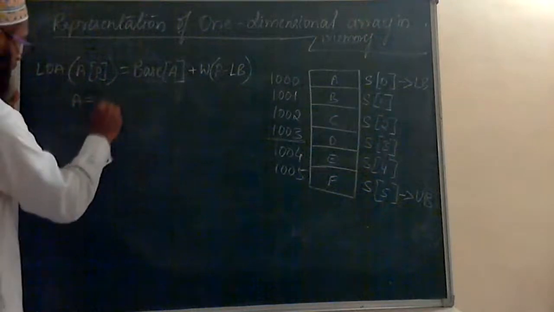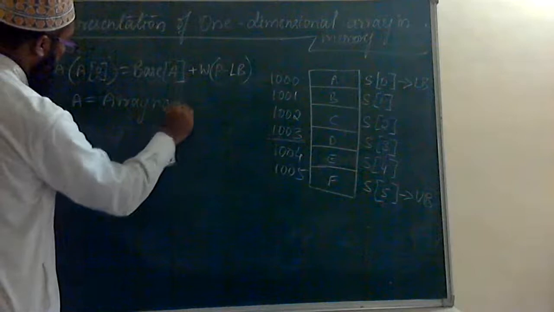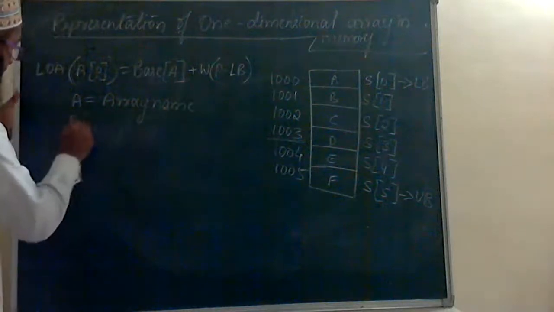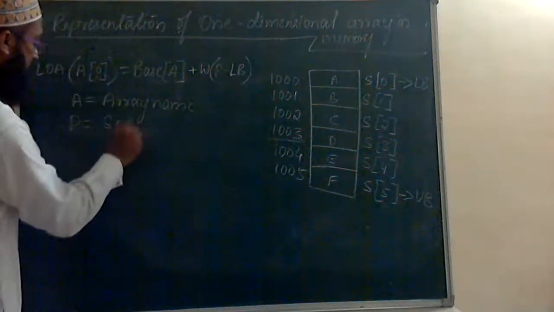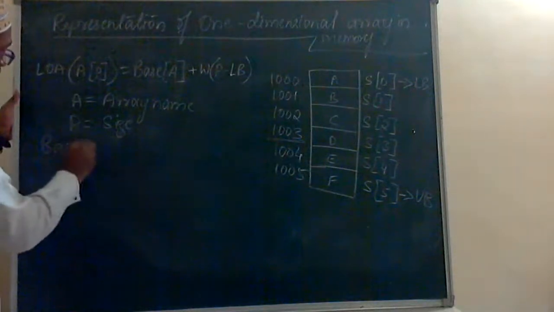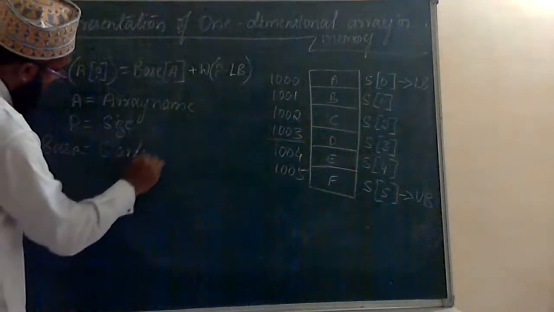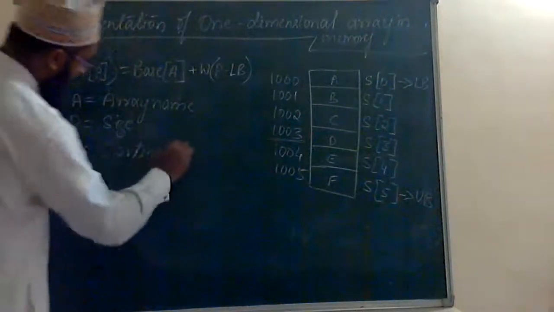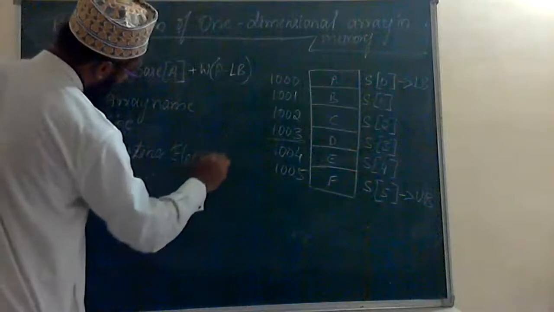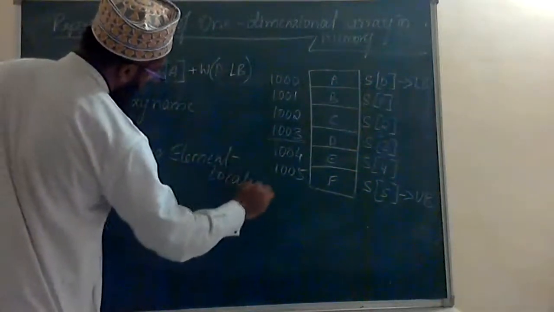A is equal to array name. P is equal to size. Base is equal to starting location, the starting element location, the first element location.